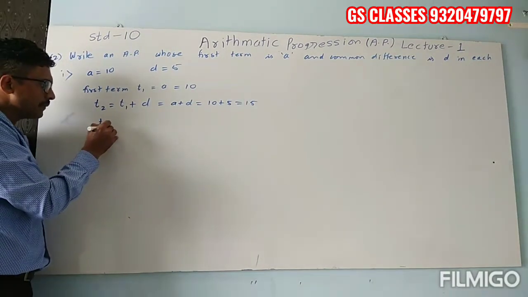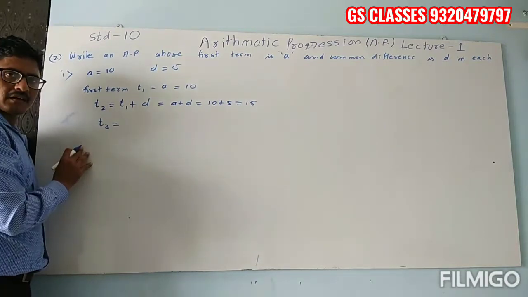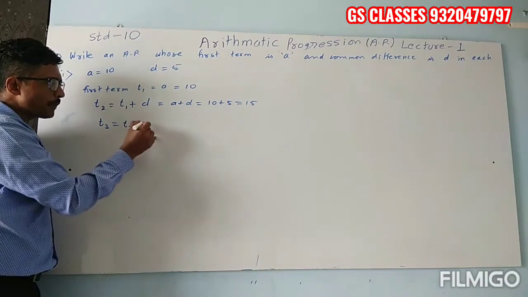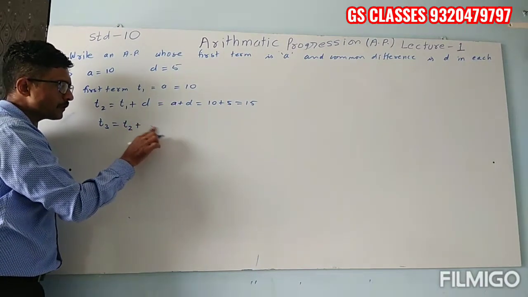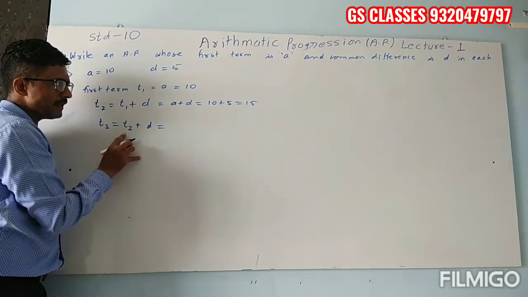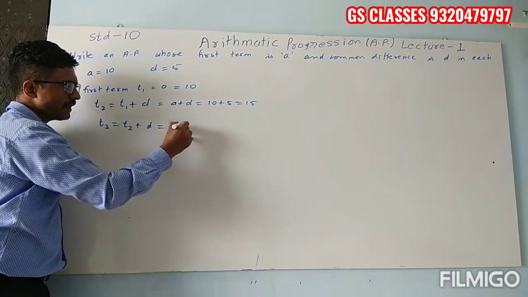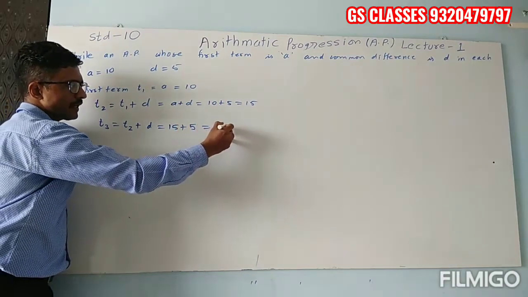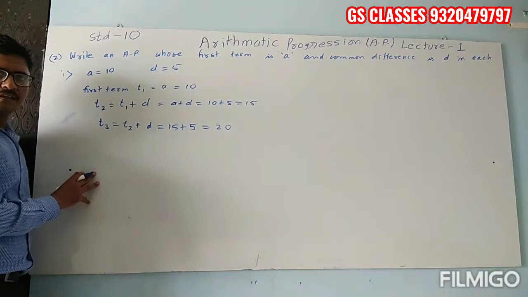Now third term is going to be T2 plus 5. T2 plus common difference. What is T2? T2 is 15 plus common difference is 5. So here I am getting 20.